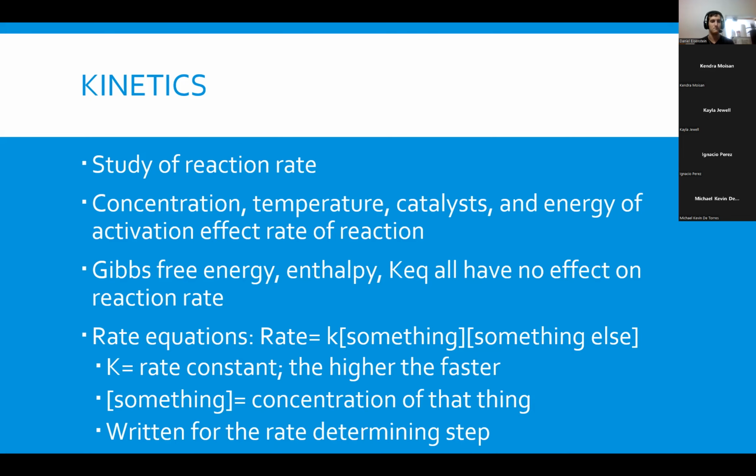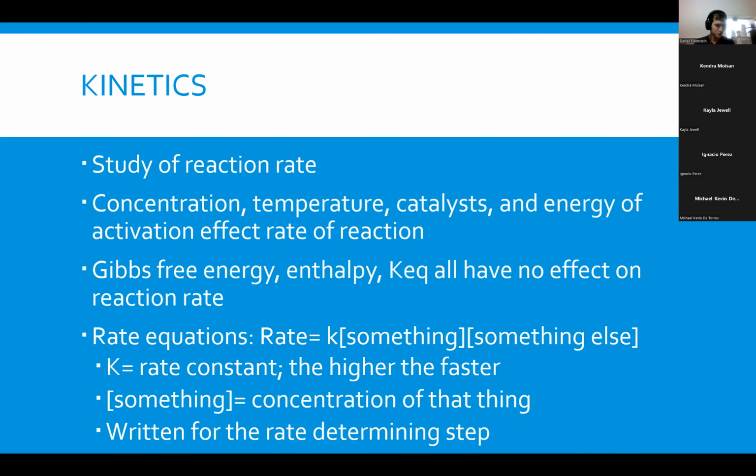All right. Rate equations. Number one, if you have a rate determining step, that's your rate law. The slowest step is going to determine your rate, right? That's why it's called the rate determining step. The rate law is going to look something like rate equals k times the concentration of thing 1 times the concentration of thing 2.